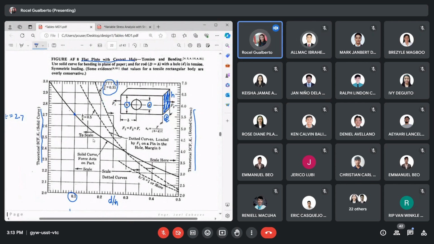Now, look again at our x-axis, that is d over h.